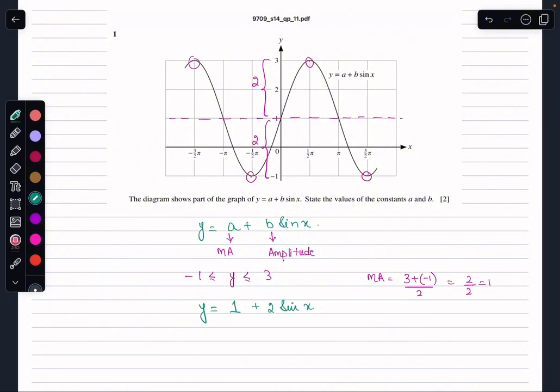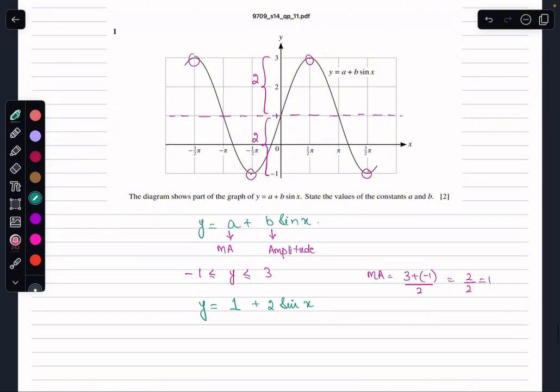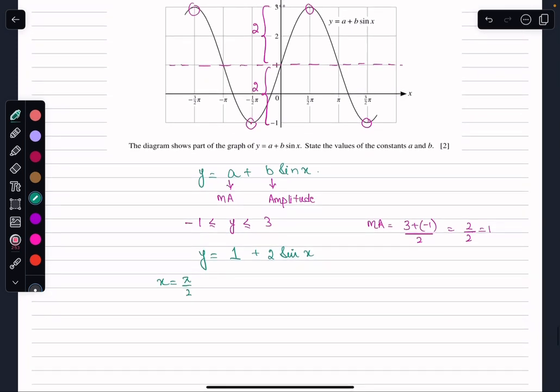So if I just check the values with respect to x as pi by 2, let's check it for x equals pi by 2. So if x is pi by 2, our y value should be 1 plus 2 sine pi by 2. So y equals 1 plus 2 times sine pi by 2, which is 1.